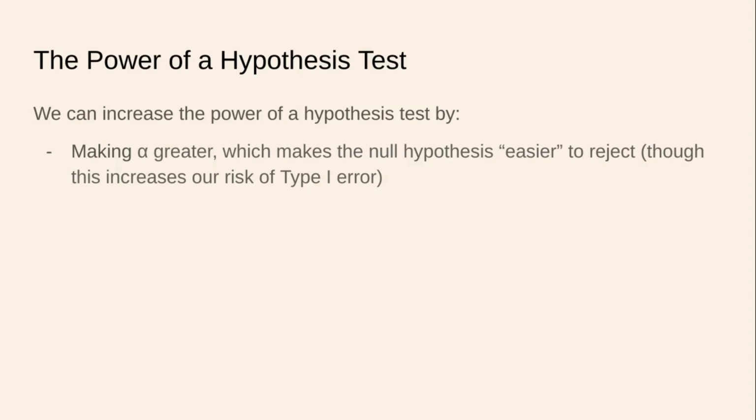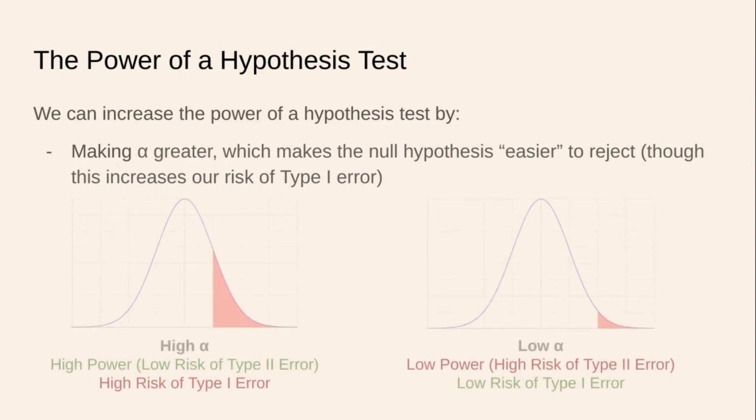It does, though, increase our risk of type 1 error. Type 1 error: the null hypothesis should not be rejected, but we do, all right? And that is a risk that we take when we make alpha greater. We increase power by making alpha greater, but that does open us up to type 1 error, okay? So we see in the graph on the left, we have a high value for alpha. That's a lot of area right there on the right-hand side.